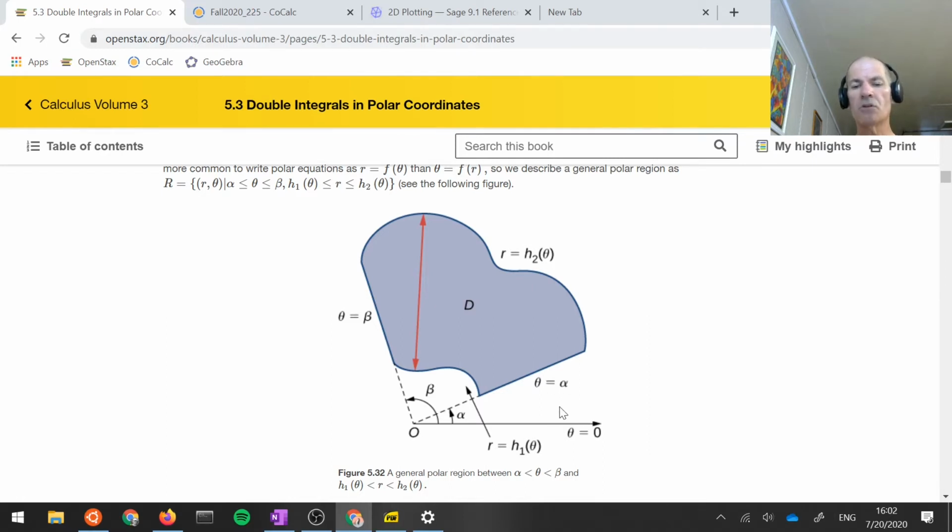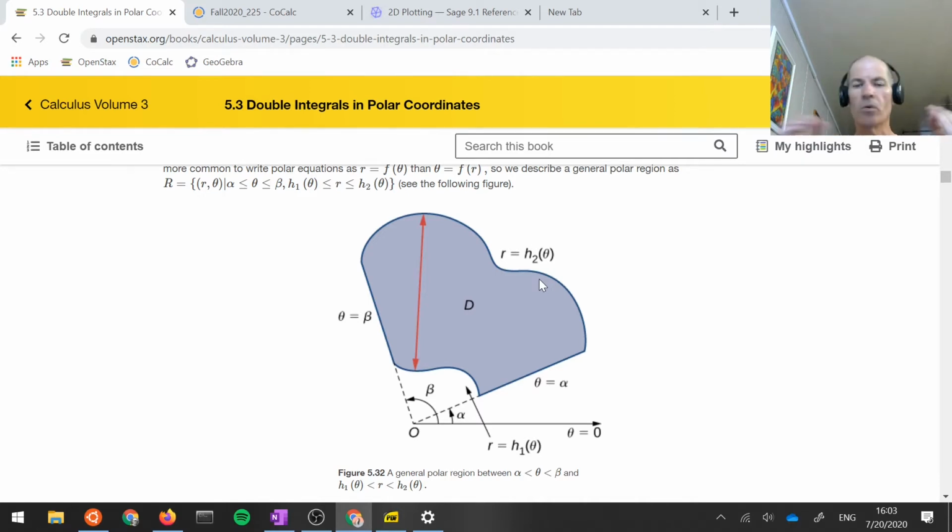If it were a type 2 region, then r would be going from a constant to a constant. So there would be an inner arc and an outer arc, and theta might be a wavy kind of thing. Theta would be a function of r in that case, and you would have to swap the order of integration. You would integrate with respect to theta first and then with respect to r.